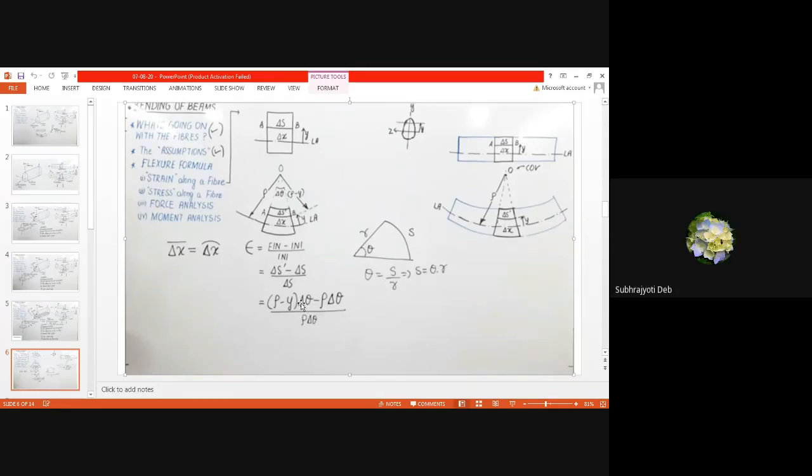Here it is del theta, and what is the radius? Rho minus y. Yes, this formula only. So this will give us the formula, the strain along the fiber. So if I take any other section, we can similarly calculate this value.